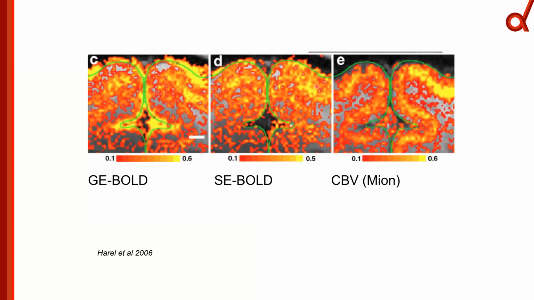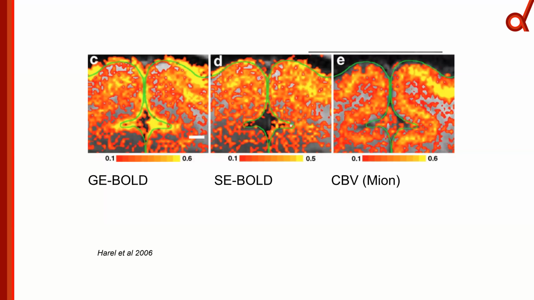If we move on a few years to some experiments done by Noam Harel in the cat, people started to wonder, of course, what would be a good contrast for doing laminar fMRI, because the gradient echo signal is obviously accumulating on the surface. The spin echo is looking somewhat better.